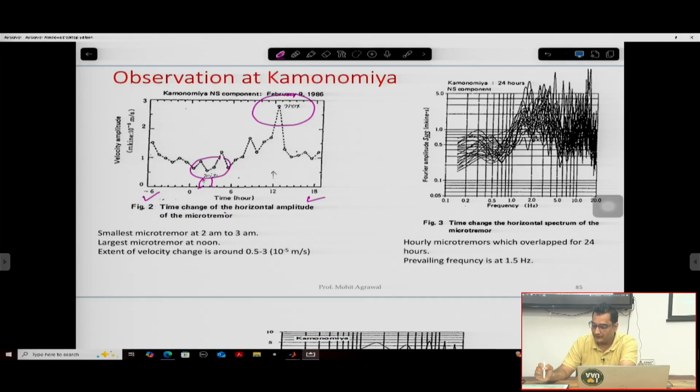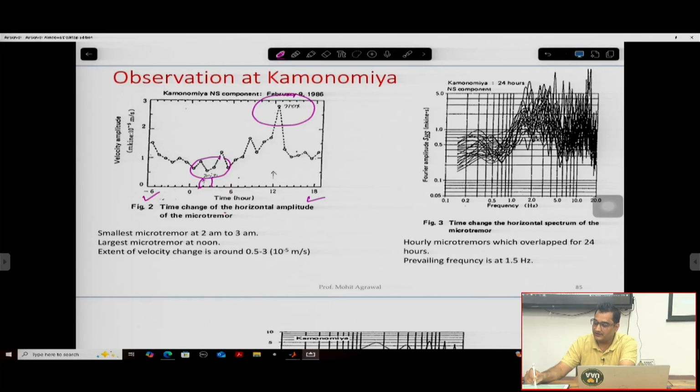Okay, so if you look at the change in velocity from the smallest to the largest, that is around 0.5 to 3 meter per second multiplied by 10 to the power minus 5. And then you have the time change.